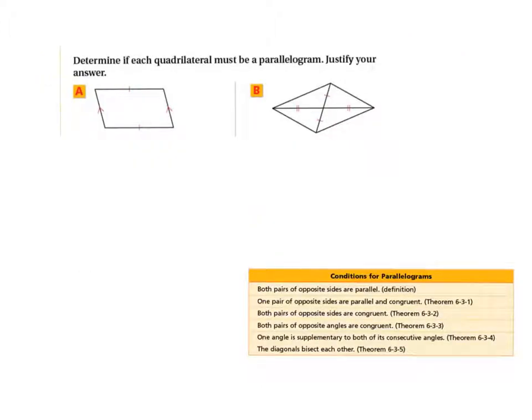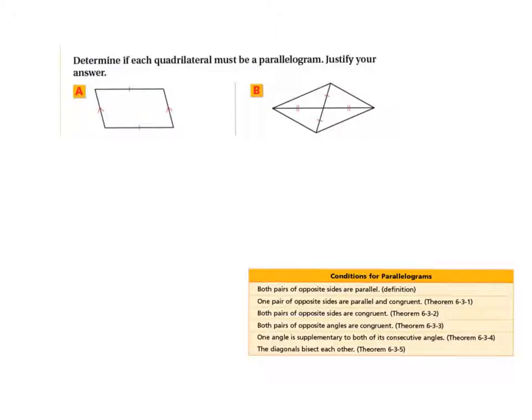Here we have 2 quadrilaterals that we're trying to see if they are parallelograms. It says determine if they're parallelograms, so it's going to be a yes or no, and then justify your answer. I can justify with one of the conditions. Looking at example A, I've got 1 pair of congruent sides and 1 pair of parallel sides. So something about congruent and parallel.